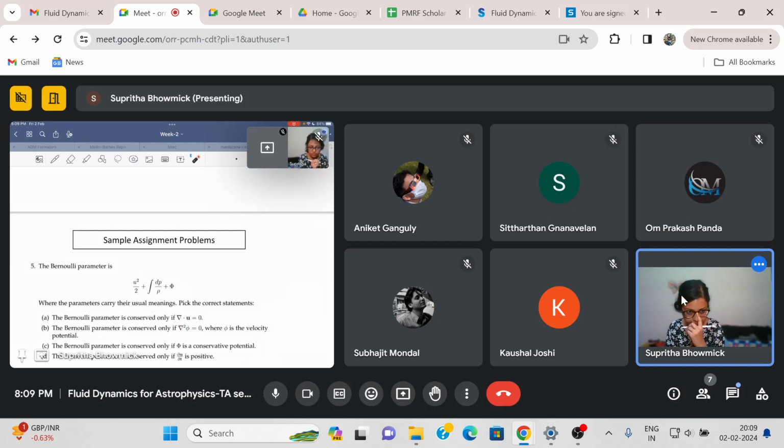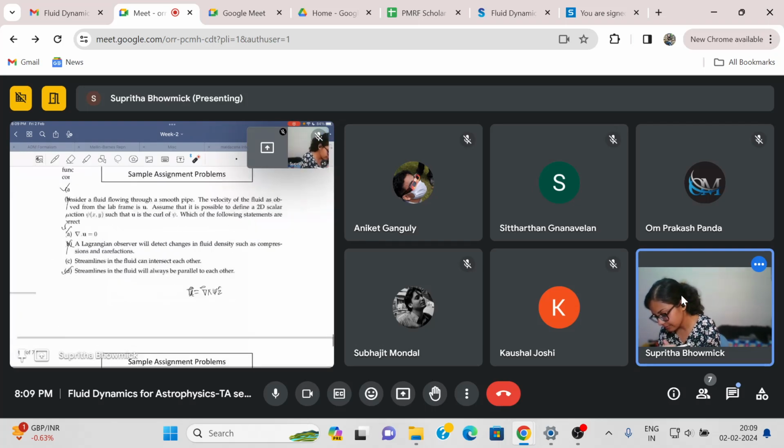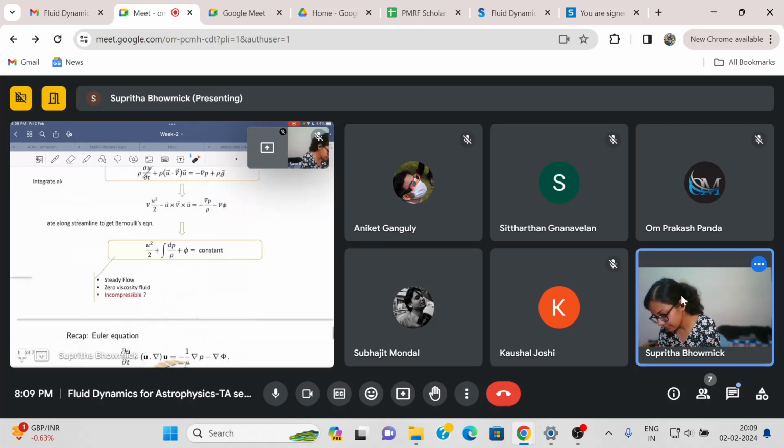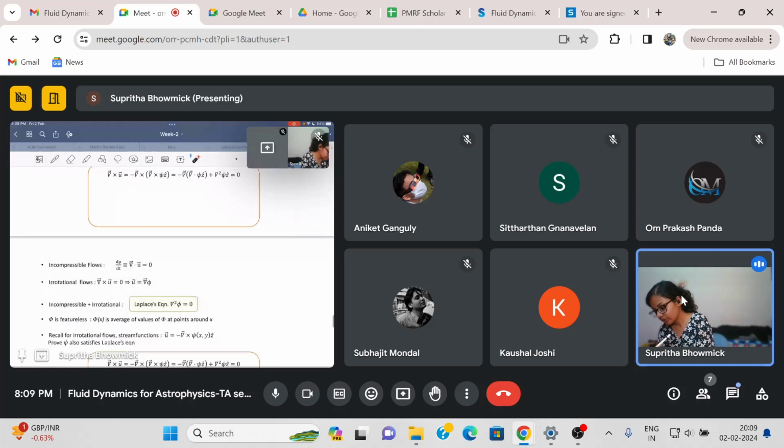Is this true? Remember that this was satisfied if you had irrotational plus incompressible flow. Do you remember? Irrotational plus incompressible.